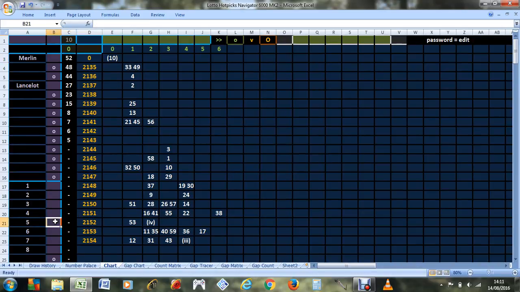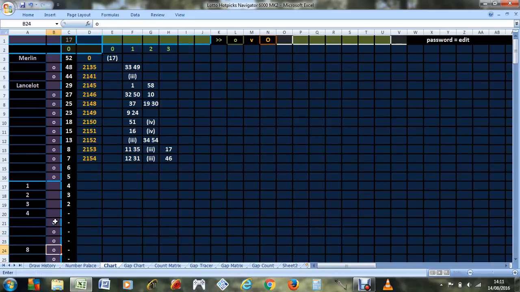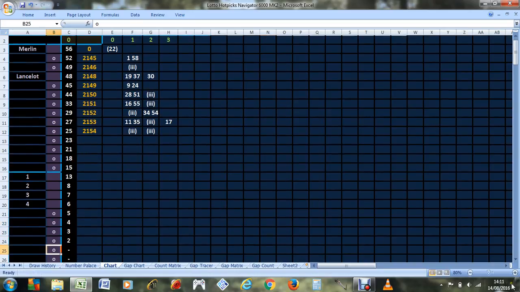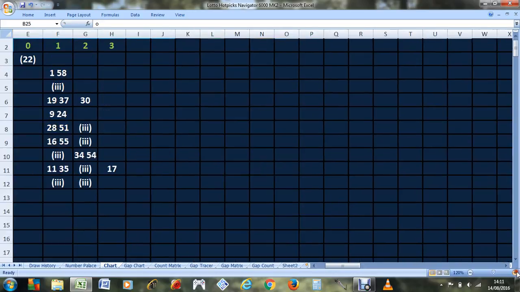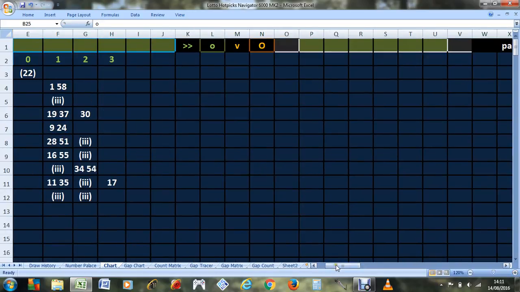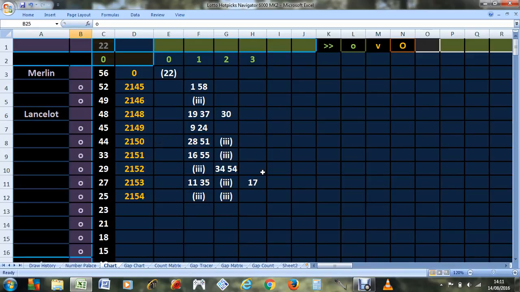Now, as they've only been using sets 1 to 4, let's get rid of all that data. Zoom in a bit more. And so the chart now is looking very small, very compact. And that's what happens when you only look at a small amount of data.